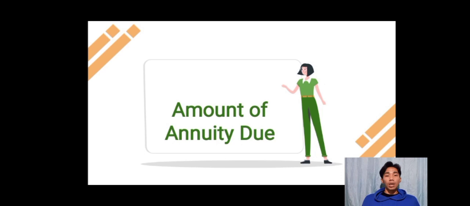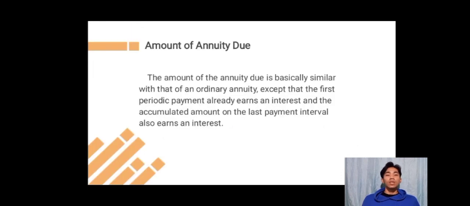So, the amount of annuity due is basically similar with that of an ordinary annuity, except that the first periodic payment already earns an interest and the accumulated amount on the last payment interval also earns an interest.